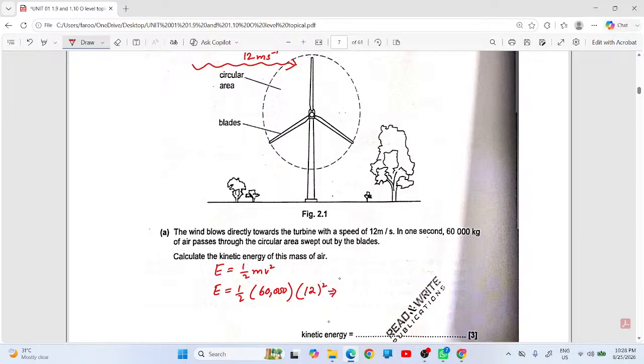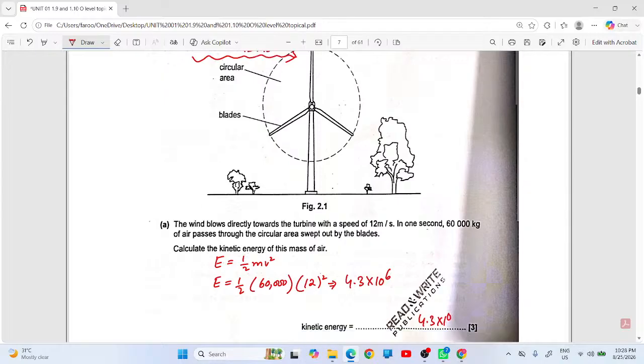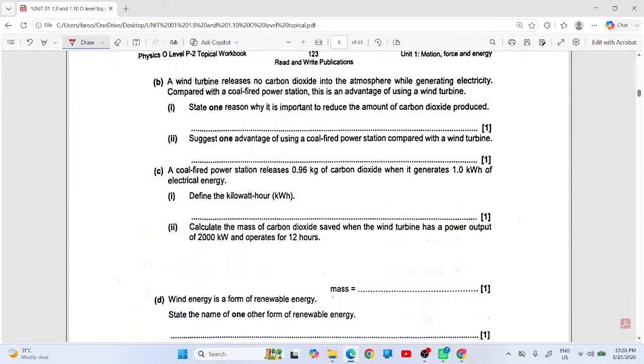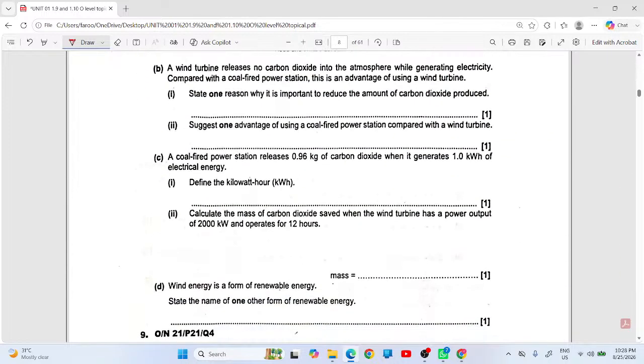So the answer is 4.32 multiplied by 10 to the power 6. The unit of energy is joules.